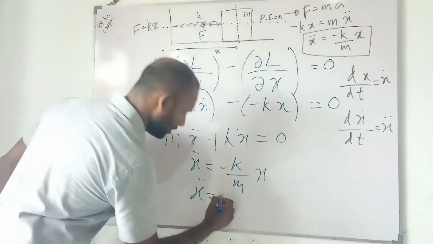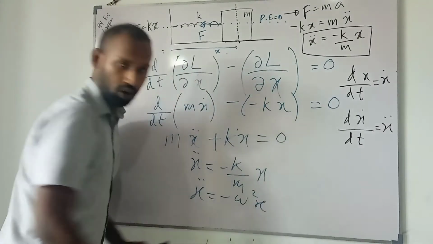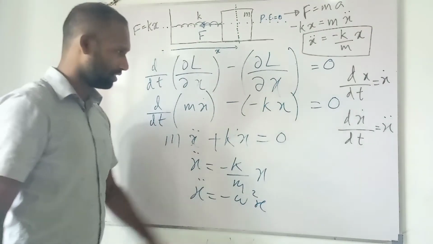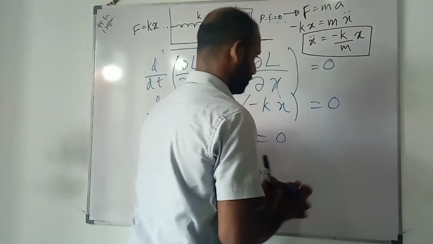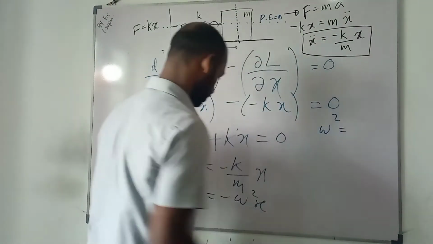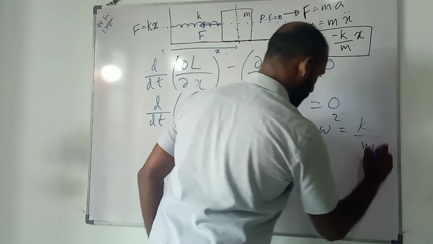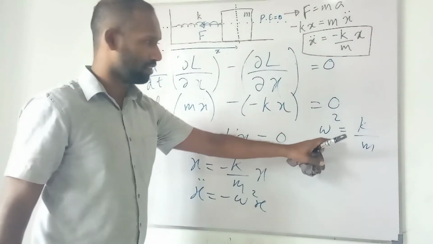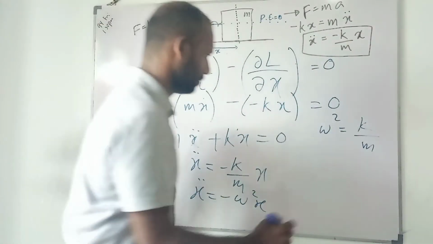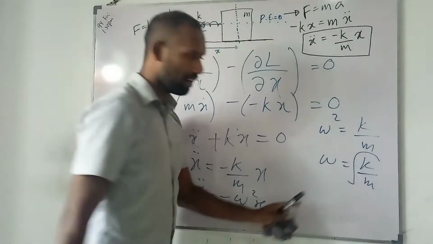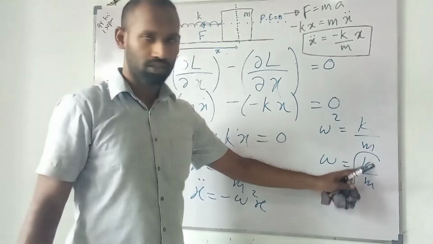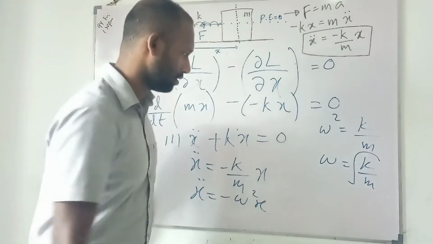So this is like minus omega squared x, where omega squared equals k over m. Omega equals square root of k over m.